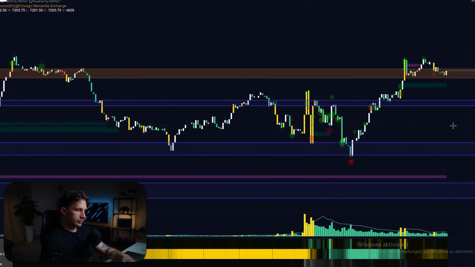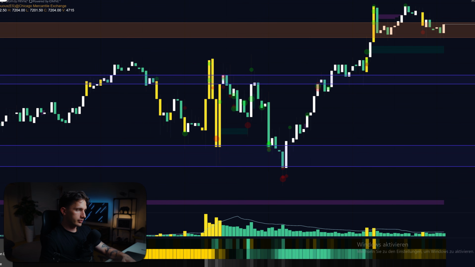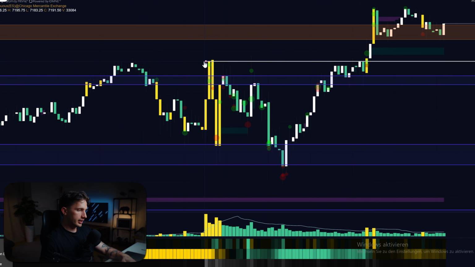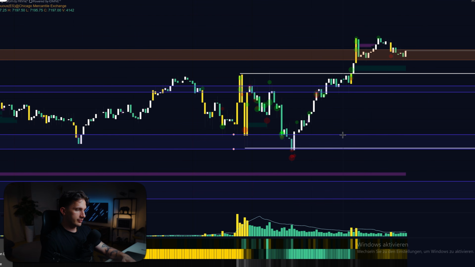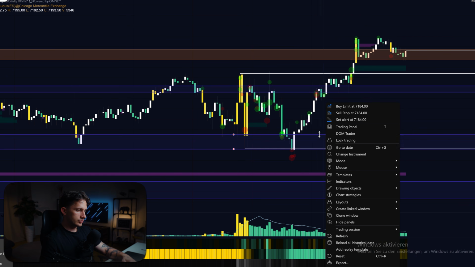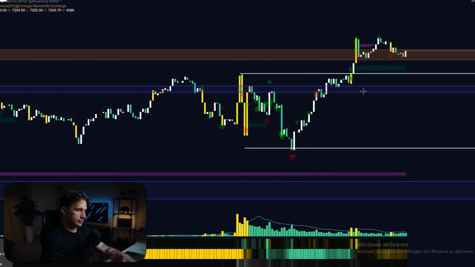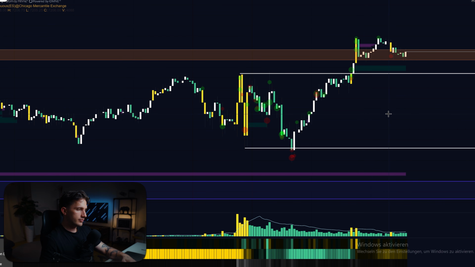Now as well, what you can do is use it with ORB. So when I mark out the ORB high and the ORB low, the ORB high was right here and the ORB low was right here. Now what you can see when I'm deleting these zones, just let me delete these zones quickly.